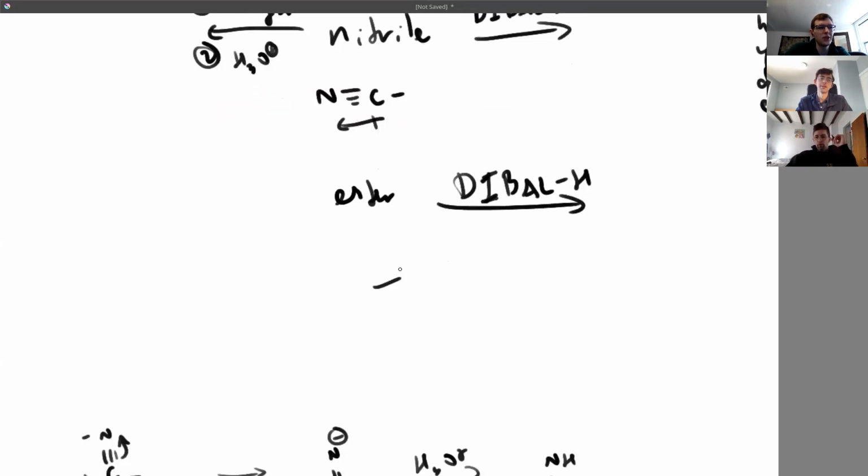The mechanism for this is likely that you just have a hydride and it comes in here and kicks off the ester. So I think it's just this. Although I might be wrong on that.